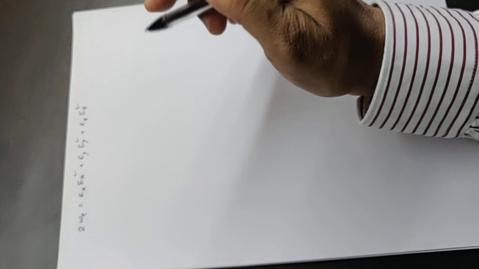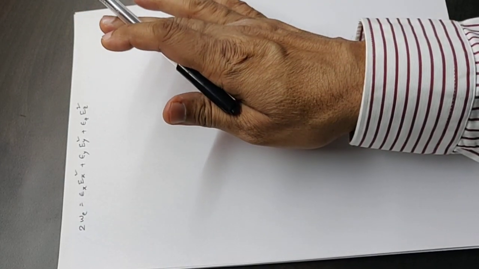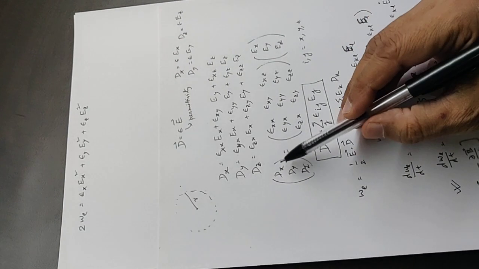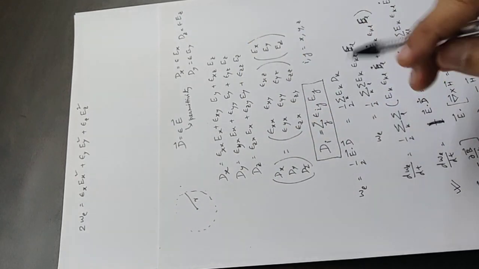Till this point, we have not done any kind of simplification. You must understand that we started with the most generalized relation between D and E with 9 unknowns, but we saw that we can do away with 6 and retain only 3.